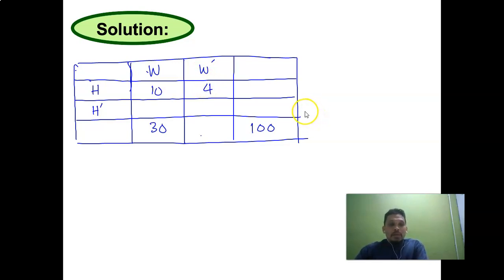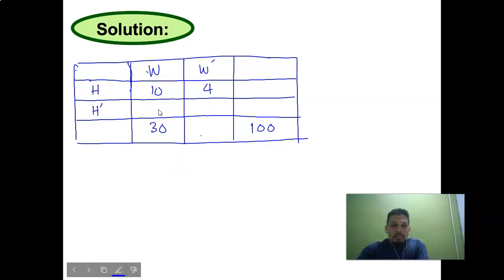Okay, so we need to complete all these boxes, 1, 2, 3, 4, and 5. Meaning we need to make some simple calculation.